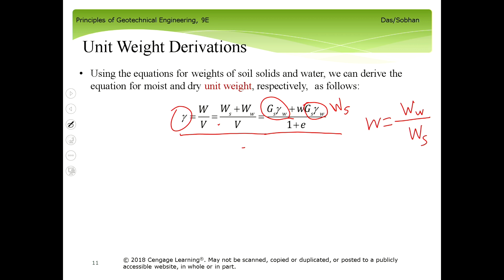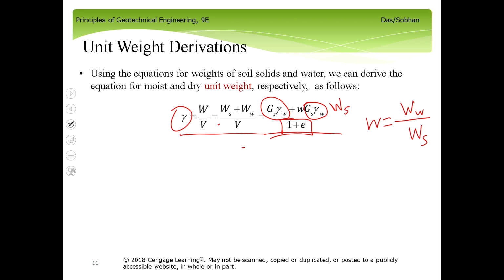And this is the relationship between gamma and void ratio, GS and water content. So if you have no idea about these two, then you can calculate gamma with here. So why is this 1 plus e? Because we set the solids volume as 1, then the void volume is e. The total volume is 1 plus e, right?